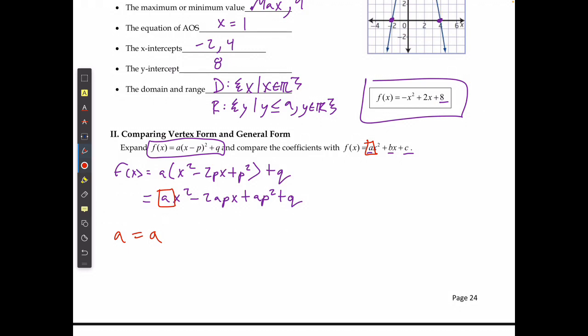The coefficient, or what's beside just the singular x, the b value, is everything that's in here. b is equal to -2ap. And finally, the constant at the end is made up of all of what's left here. The constant, or the y-intercept, would be the same as a times p squared plus q.